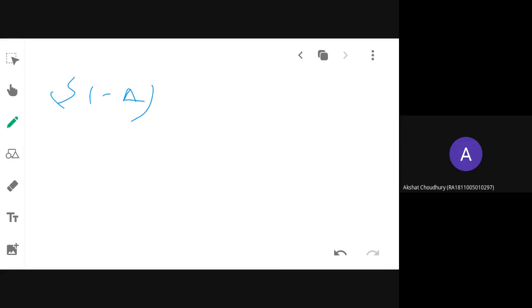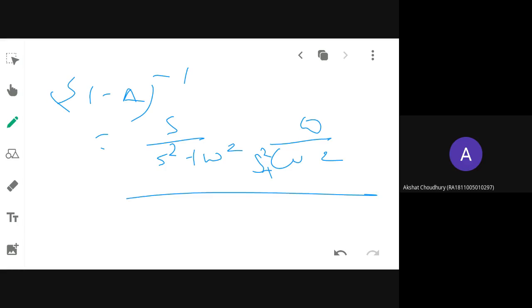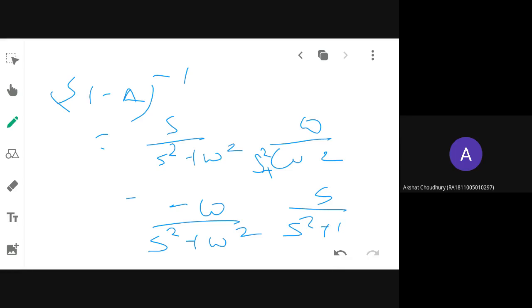S divided by S squared plus omega squared, omega divided by S squared plus omega squared, then minus omega divided by S squared plus omega squared, S divided by S squared plus omega squared. So this is after complete division of the determinant with respect to all the terms.